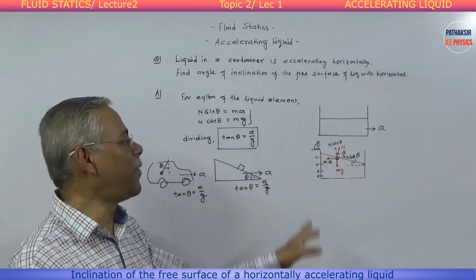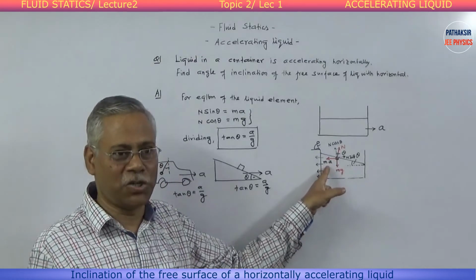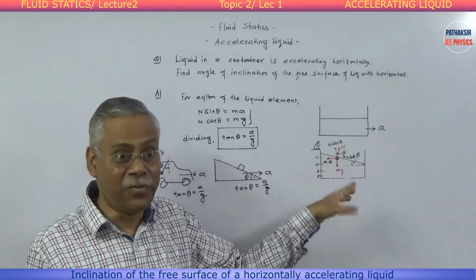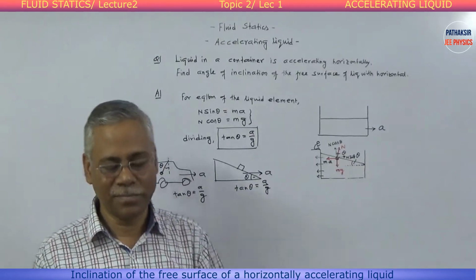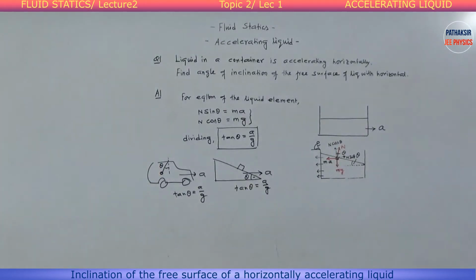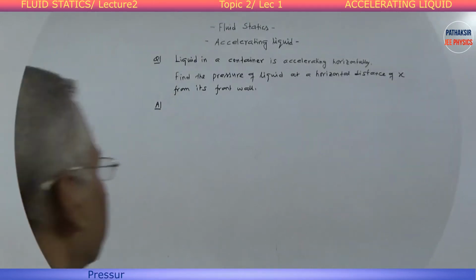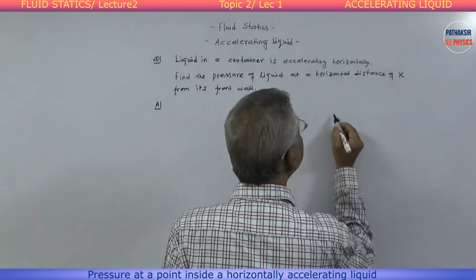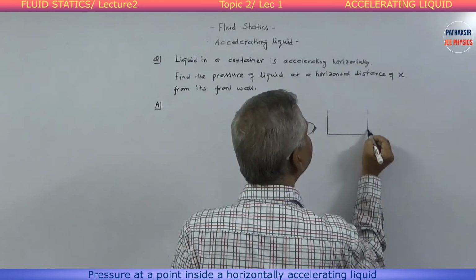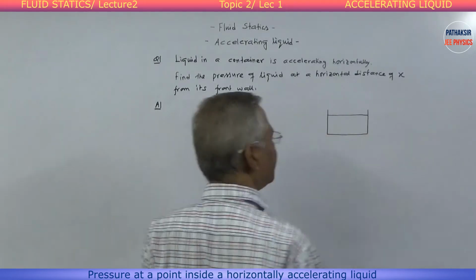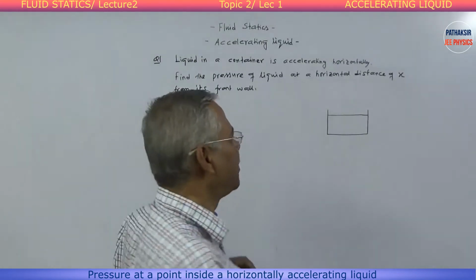Now we will find the pressure at a point in a liquid accelerating horizontally. Okay. So this is the container, initially at rest.